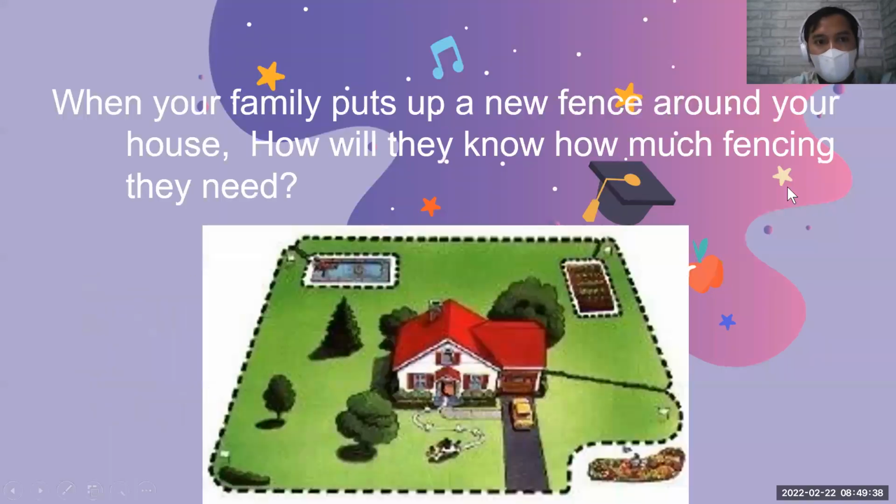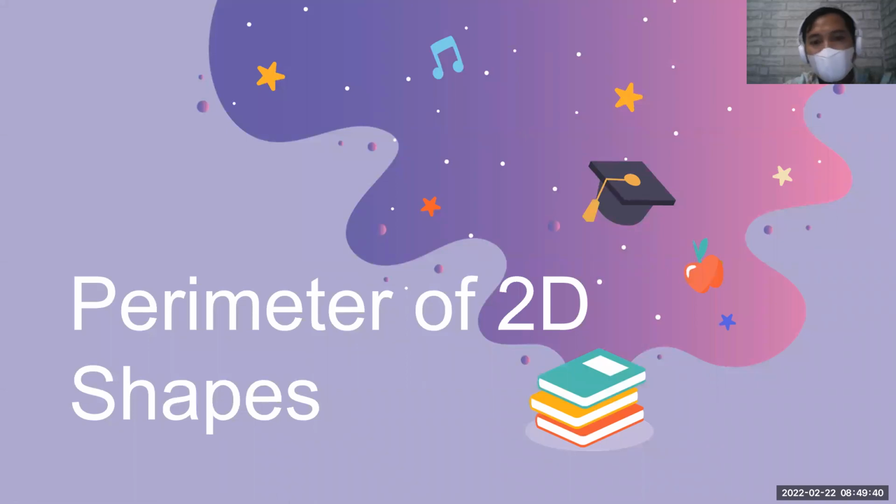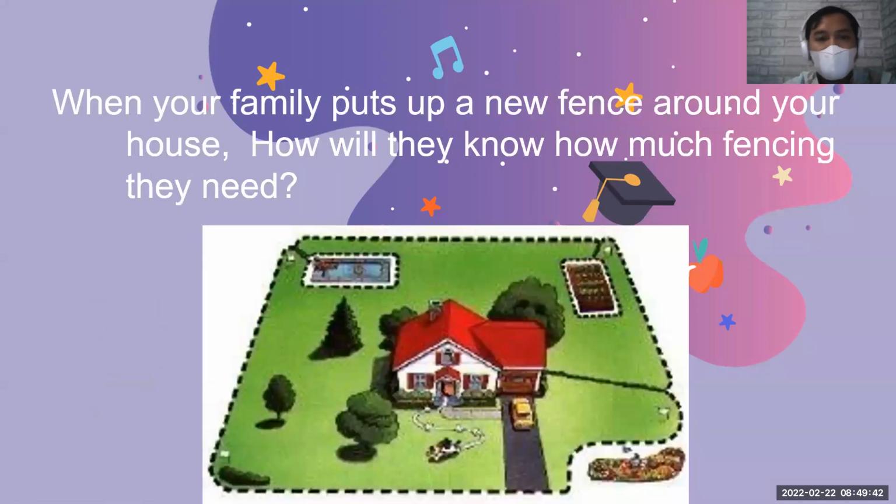Okay, so again, we're talking about perimeter of two-dimensional shape, yeah? One example of a real life application of perimeter is when your family puts up a new fence around your house. How will they know how much fencing they need, right?